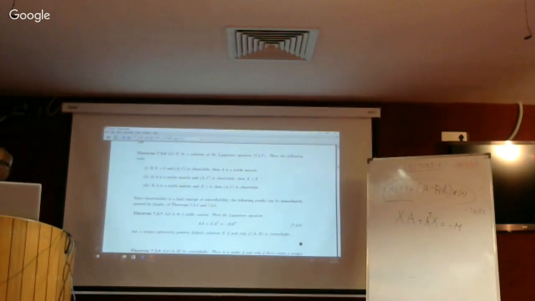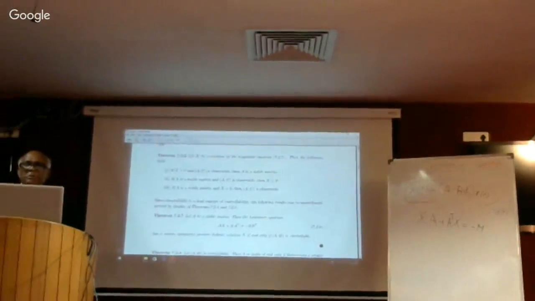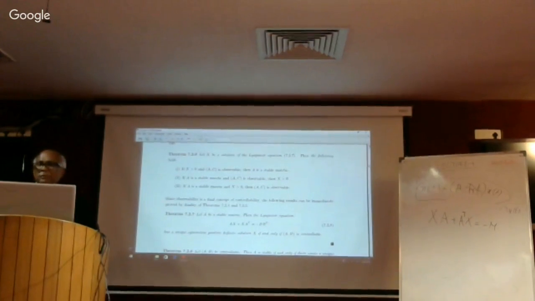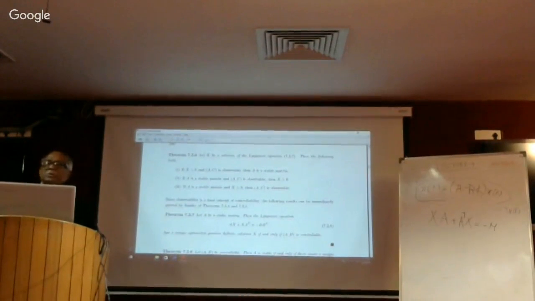Because the right hand side does not have to be positive definite. The matrix M does not have to be, and here the right hand side is BB transpose. But you need the condition of controllability. First of all, the matrix A has to be stable, and if the pair (A, B) is controllable, then this Lyapunov matrix equation is guaranteed to give you a symmetric positive definite matrix.